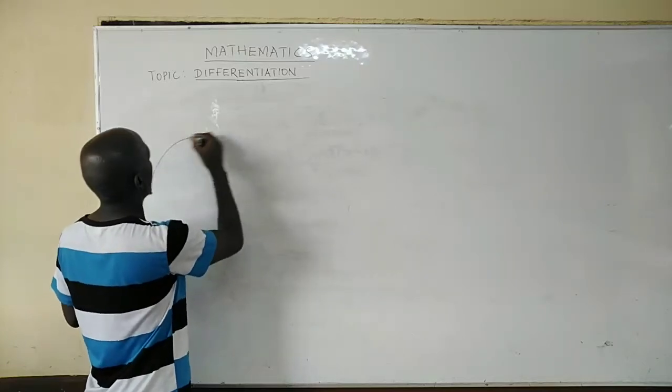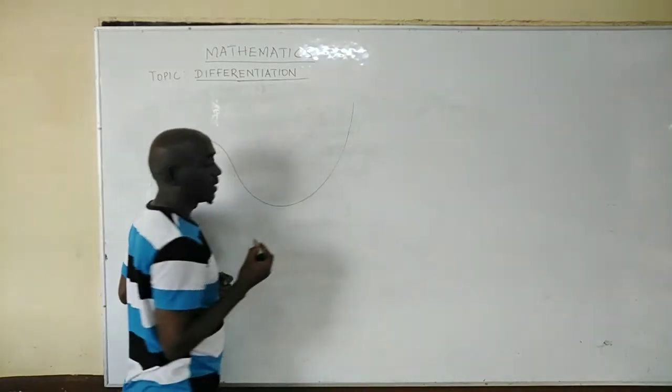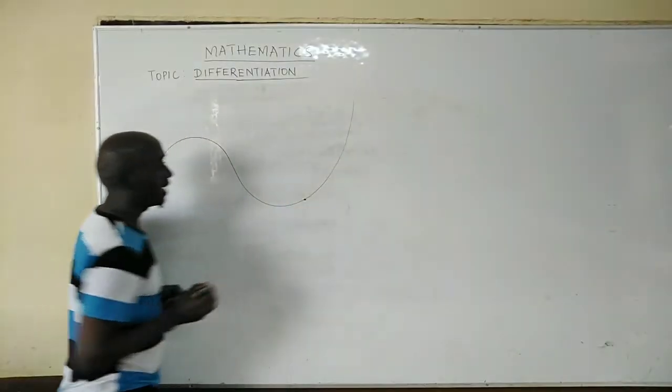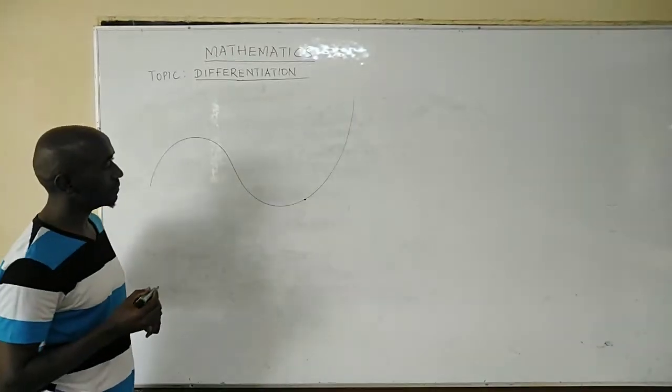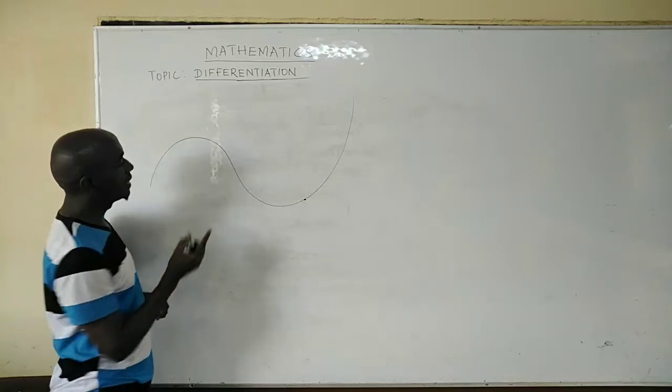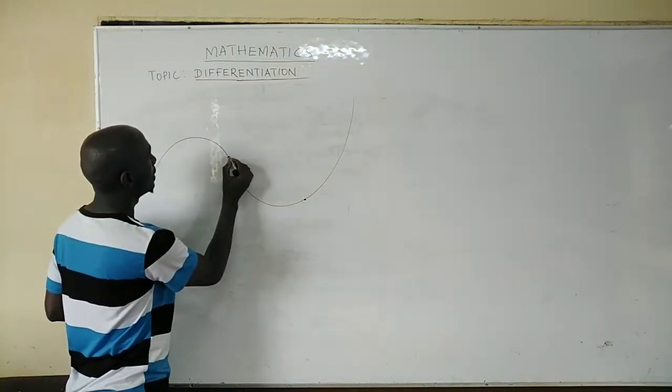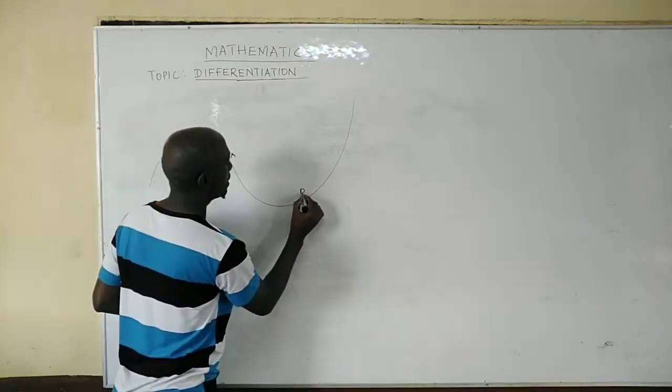Let's say this is our curve, and we want to get the gradient at that point. The gradient at this point, let's say A, and at this point is not the same. At any different point on the curve, the gradient is different.